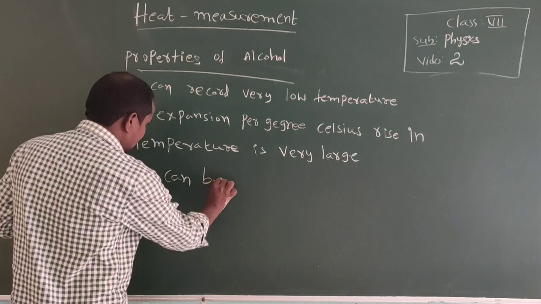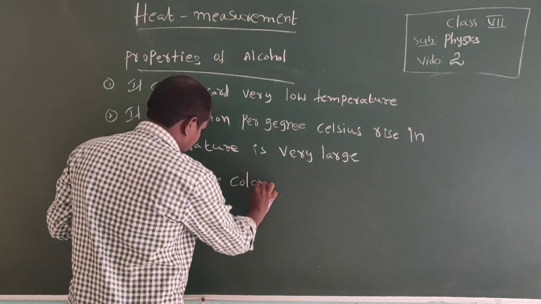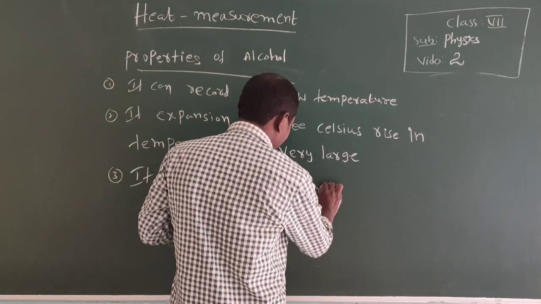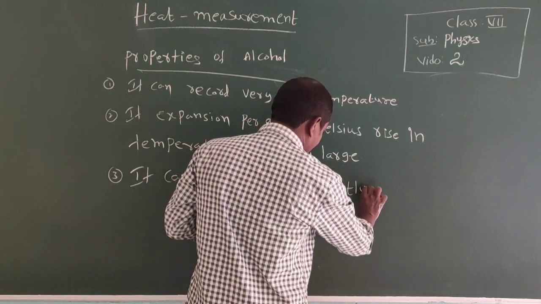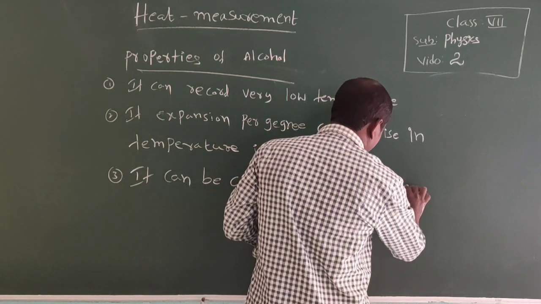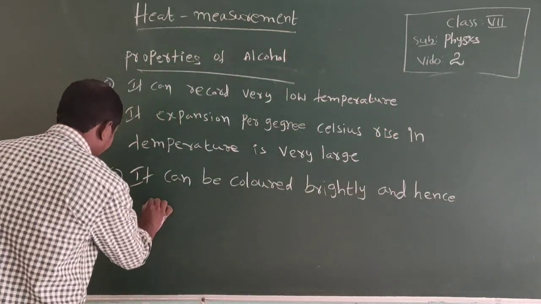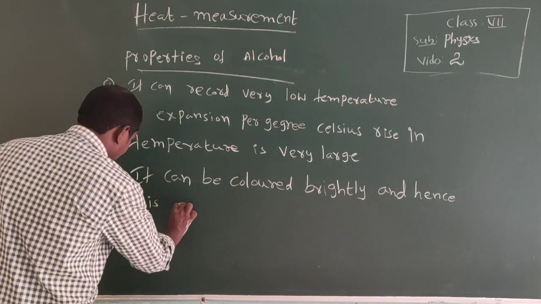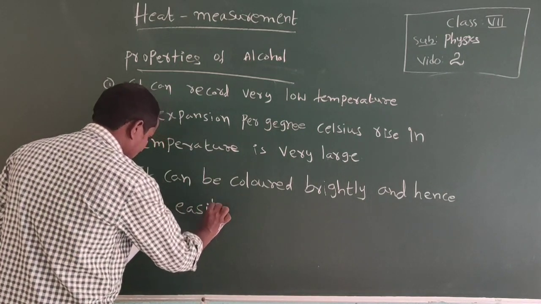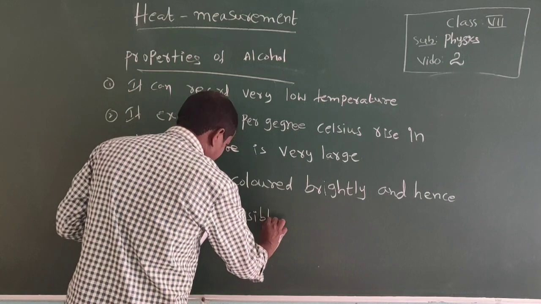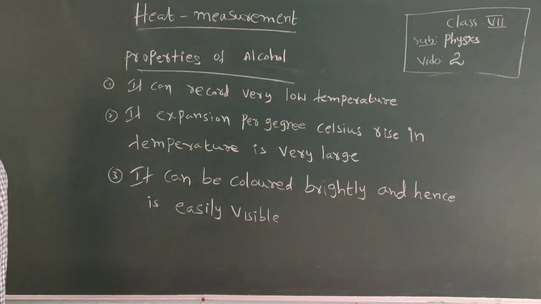It can be colored brightly and hence is easily visible. These are the properties of alcohol.